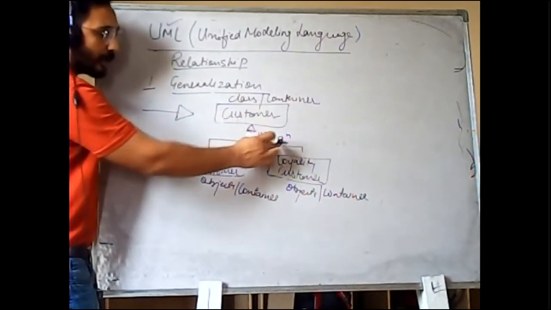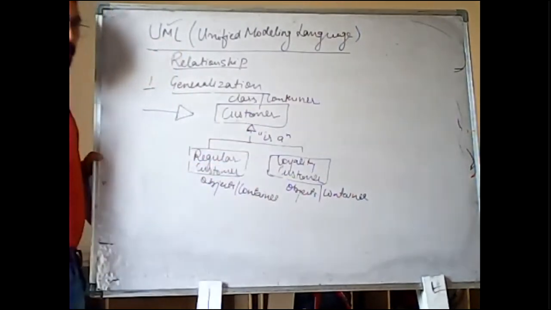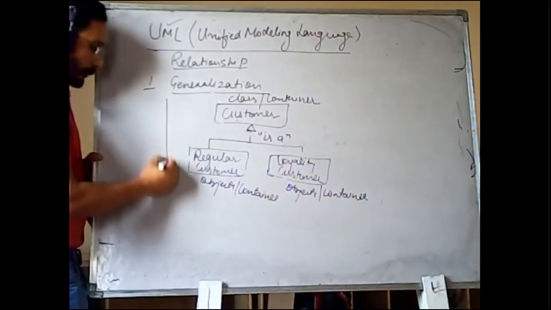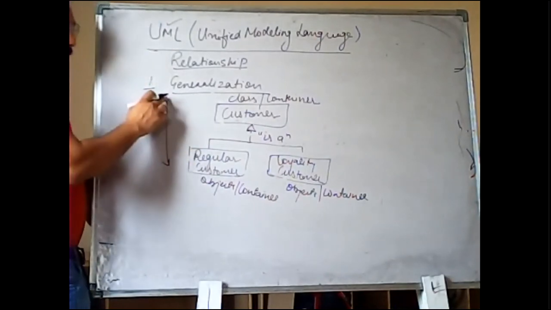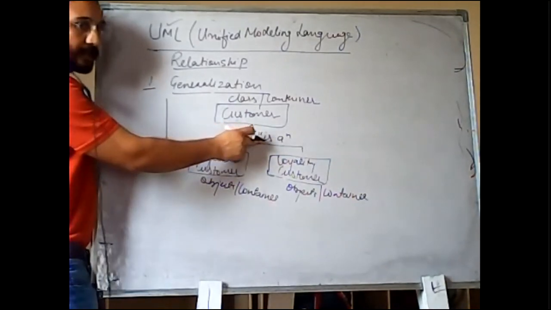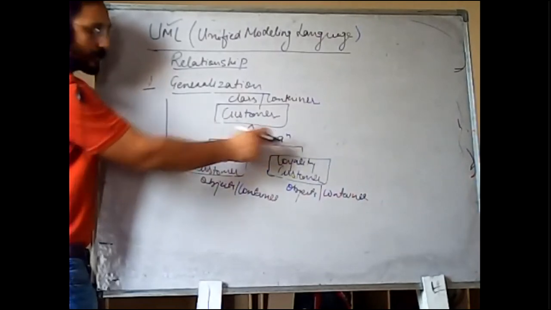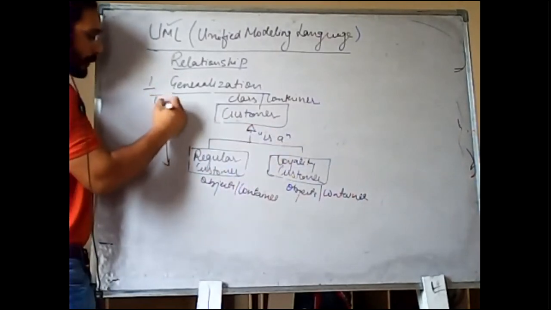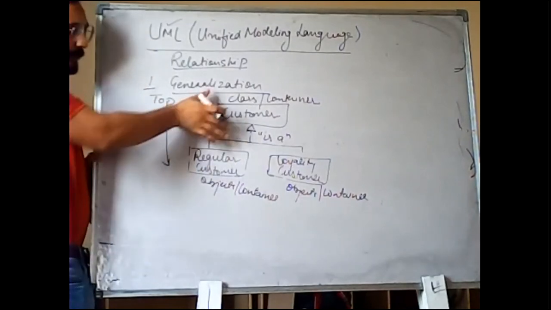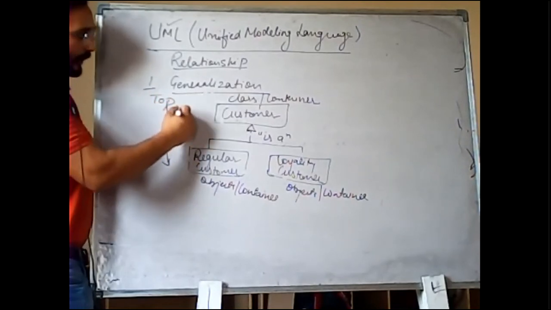Customer is a relationship with your regular customer and loyalty customer. If we are going from top to bottom, main class to subclasses, super class to subclasses, that is your is-a relationship.